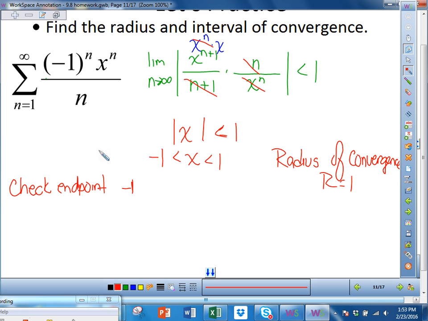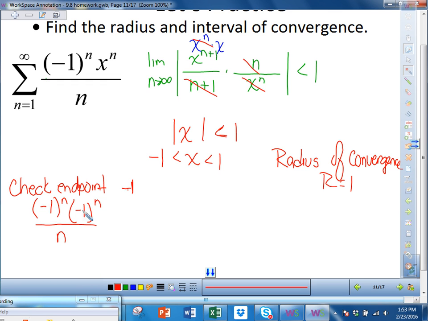So when I check this endpoint at negative 1, I have negative 1 to the nth times negative 1 to the nth over n. That's because I'm substituting negative 1 in for x. Is everybody with me? Now I have to use the rules that we learned last unit to determine whether or not this converges or diverges.